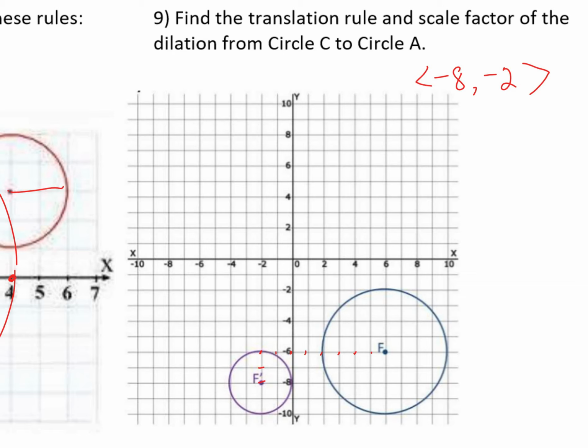And our pre-image is radius of 1, 2, 3, 4. Our image is 2. Image on top. So a 2 to 4, which could be reduced to a 1 to 2 scale factor.